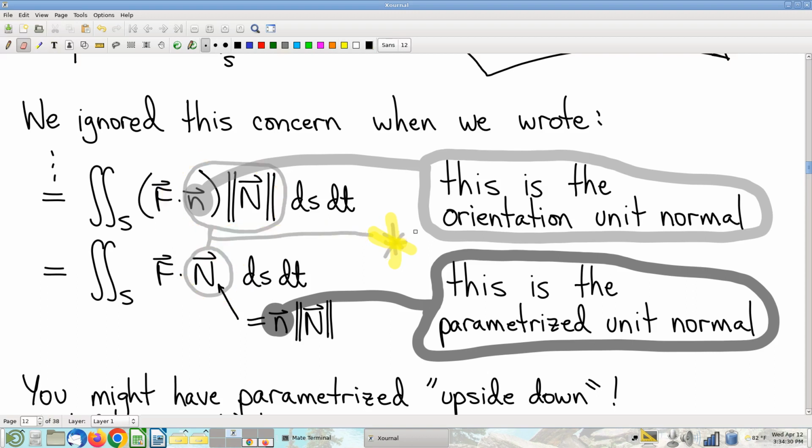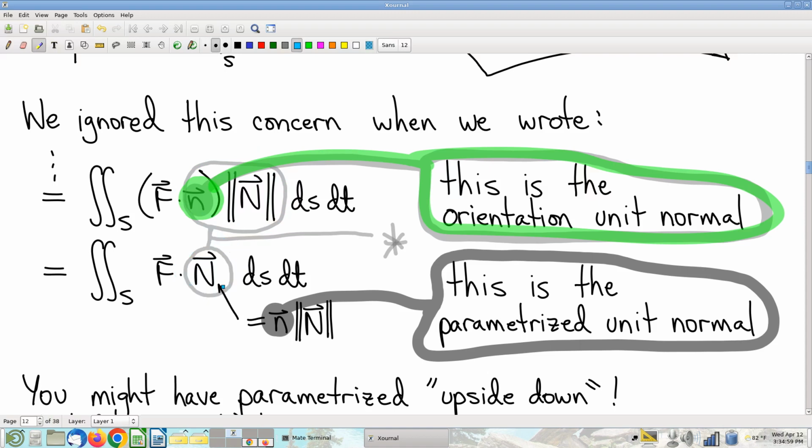Well, I conflated two things. On the one hand, this N right here, that is what comes from the orientation of the surface. That's the orientation unit normal. That's part of the statement of the question. It's part of the domain. It defines the oriented surface in question. And when I claim that this is equal to that, well, not really.